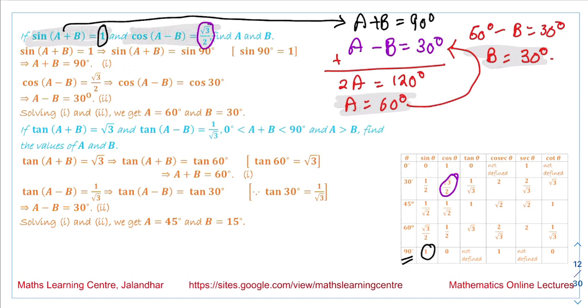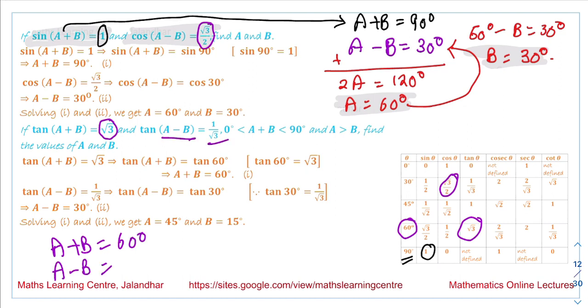Similarly, in the next question, it is tan(A + B) equal to root 3. So we are talking about the value of tan being root 3, and it is for the angle of 60 degrees. So we get A + B equal to 60 degrees. Second, tan(A − B) is 1 by root 3, and the value of 1 by root 3 for tan is for the angle 30 degrees.